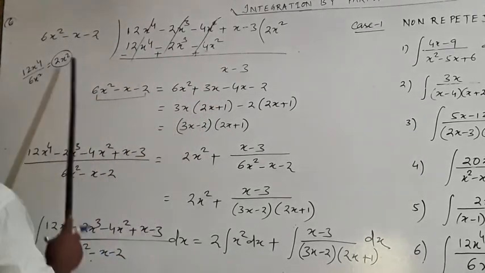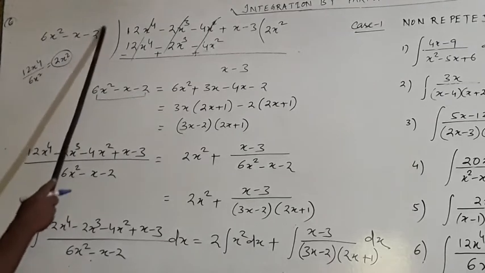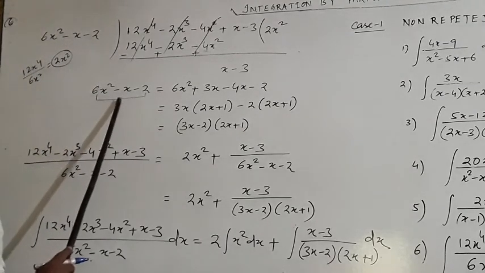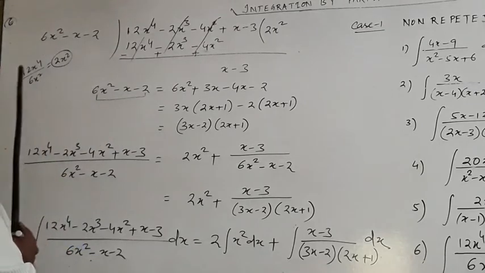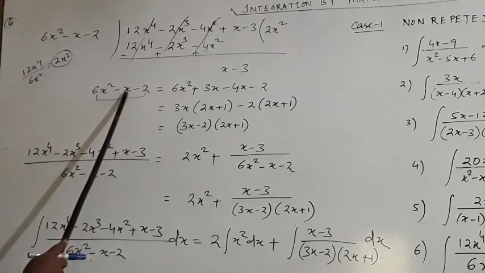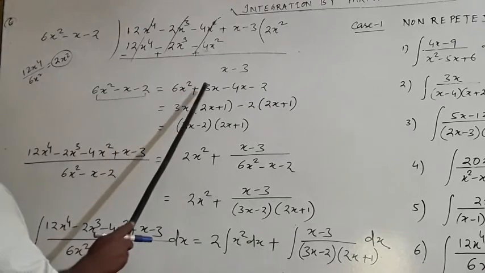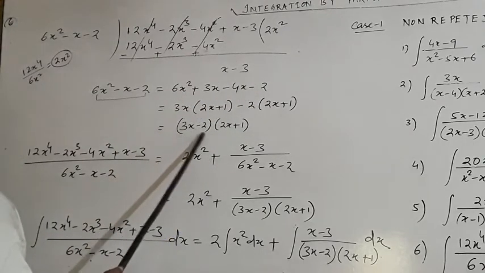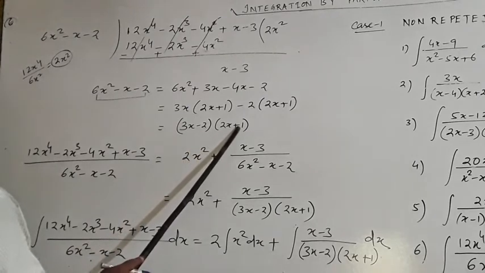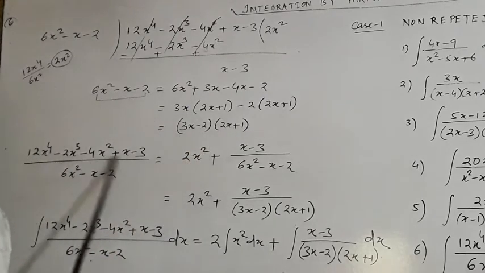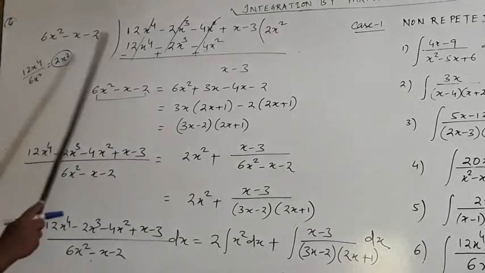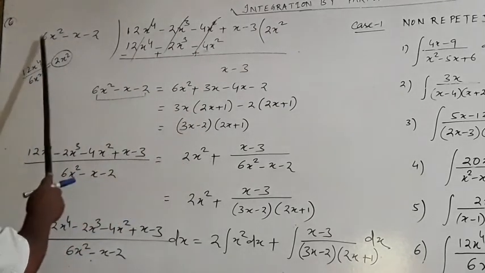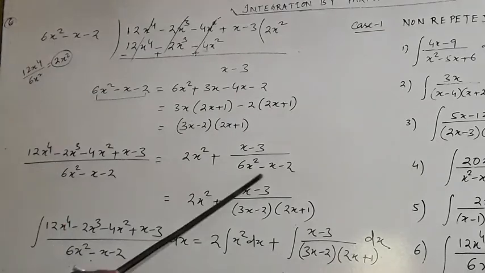And look at here. Now this 6x square minus x minus 2, when you factorize it, the multiplication is minus 12 and the addition is minus 1. It is 6x square plus 3x minus 4x minus 2. Now it becomes 3x minus 2 into 2x plus 1. Now this becomes 2x square plus x minus 3 by 6x square minus x minus 2.